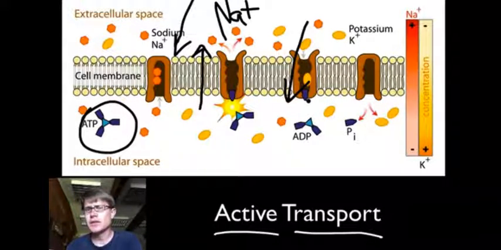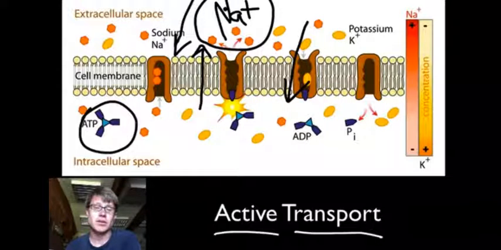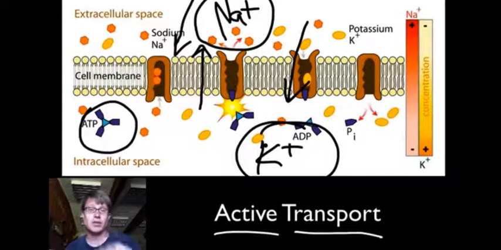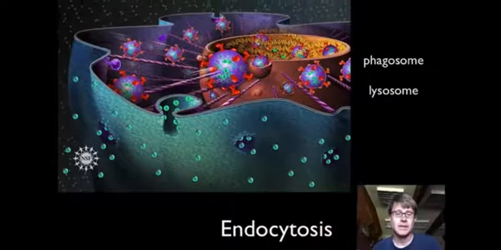All the nerves inside our body use a sodium-potassium pump, and lots of cells inside our body use it to keep the correct balance of sodium on the outside and potassium on the inside. That's called active transport. It requires 1 ATP to move every 3 sodium ions out and every 2 potassium ions to the inside.